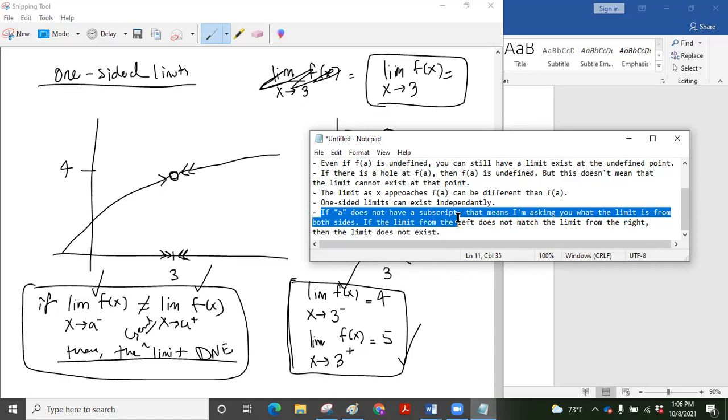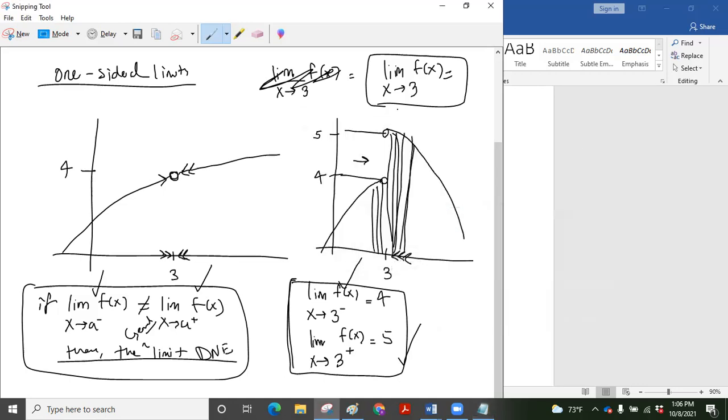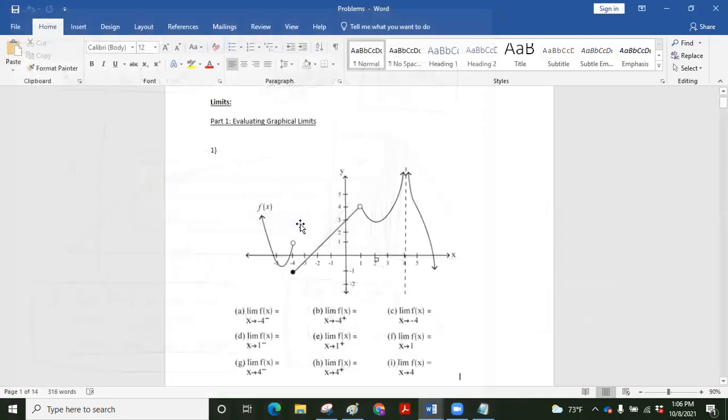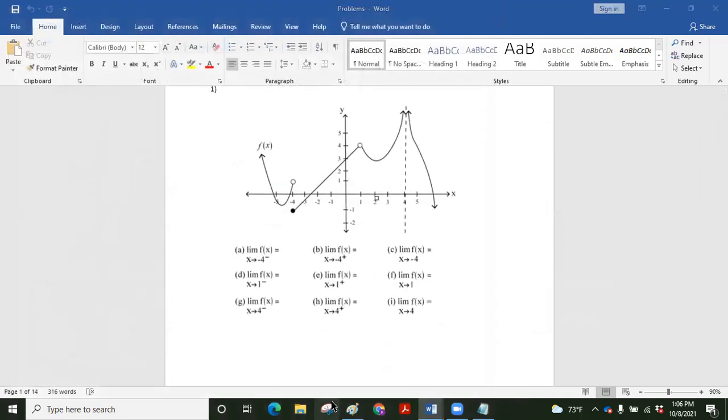So I think this is enough to be able to continue on with a problem.